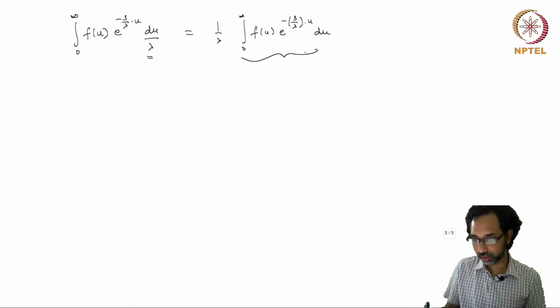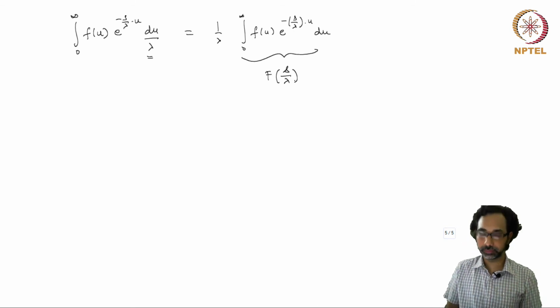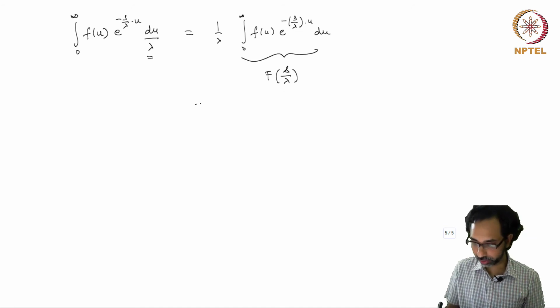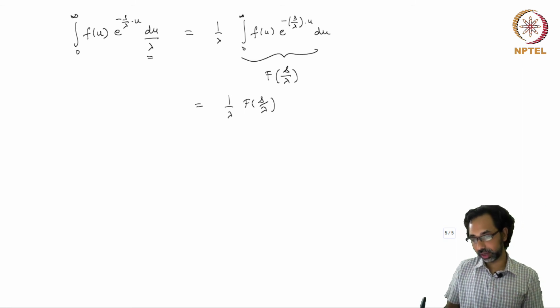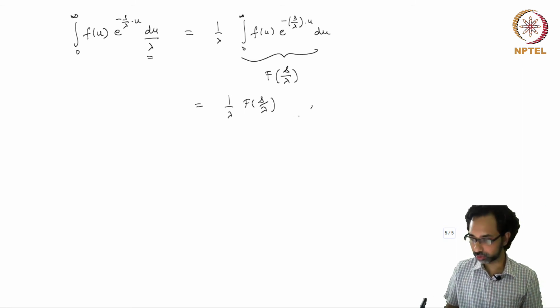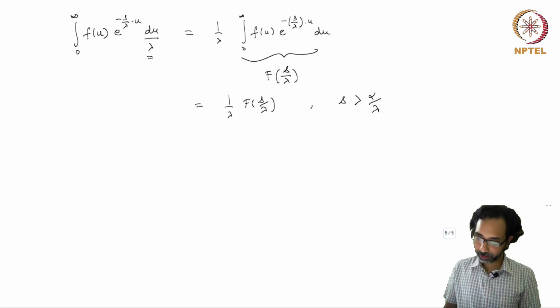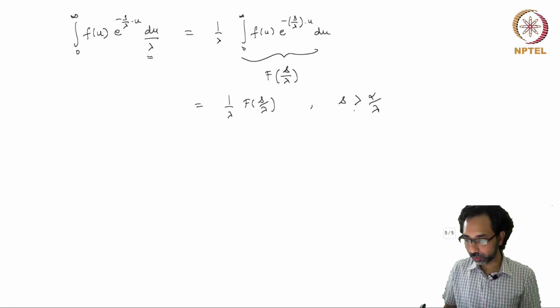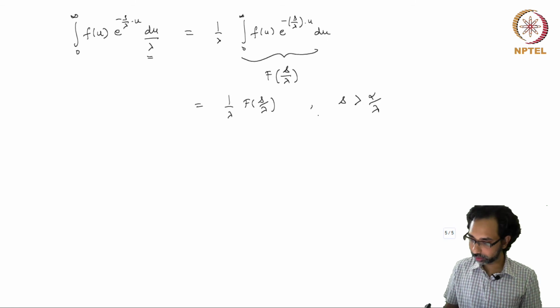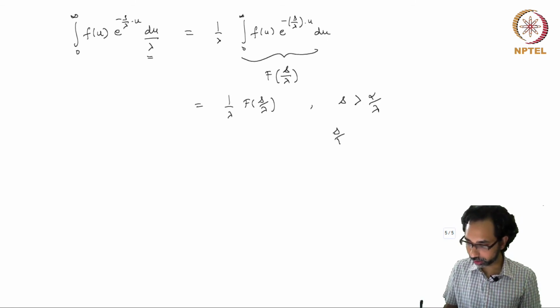But this is nothing but the Laplace transform of f evaluated at the point s over lambda. So therefore you get 1 over lambda F of s over lambda. Now the only thing that remains is to show that the region of convergence is s greater than alpha by lambda, but this is clear because when s is greater than alpha by lambda, s by lambda is greater than alpha.